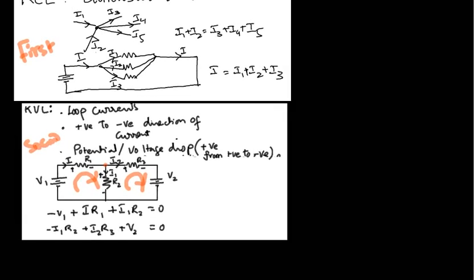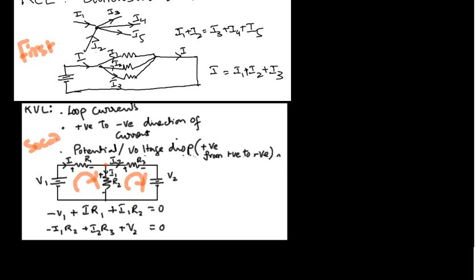How many EMFs are there? So in a loop, the sum of the EMFs equals the sum of the potential drops.